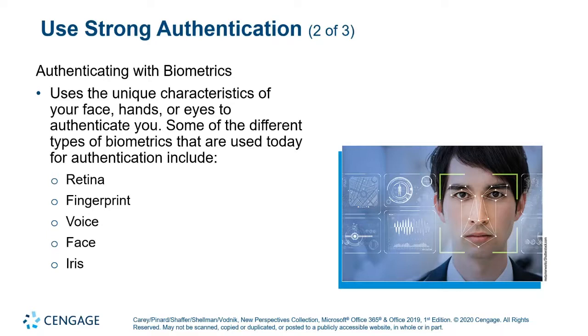One other topic I'd like to discuss is biometric security measures. As you might expect, these are just using unique qualities of your body, your DNA, to identify you. And this can include fingerprints, retina scans, iris scans, facial recognition.